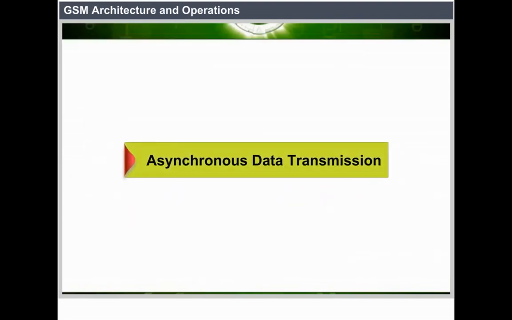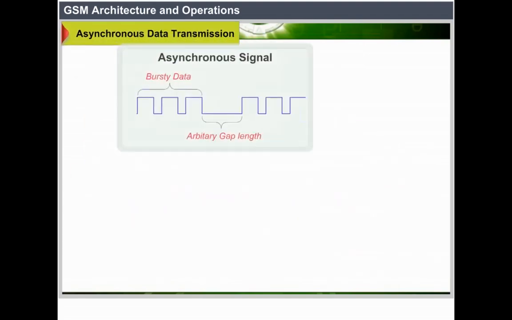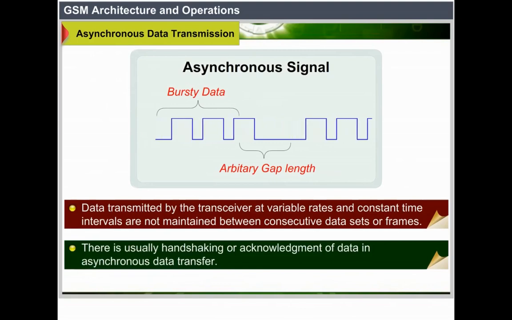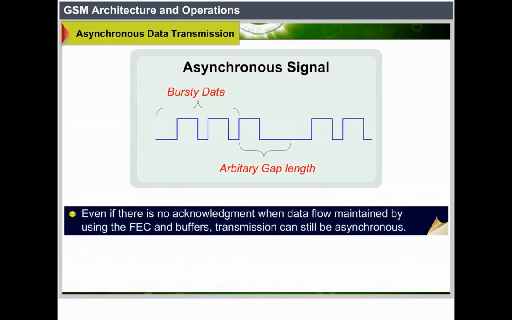Asynchronous data transmission. Data is transmitted by the transceiver at variable rates, and constant time intervals are not maintained between consecutive data sets or frames. There is usually handshaking or acknowledgement of data in asynchronous data transfer. Even if there is no acknowledgement, when data flow is maintained by using the FEC and buffers, transmission can still be asynchronous.